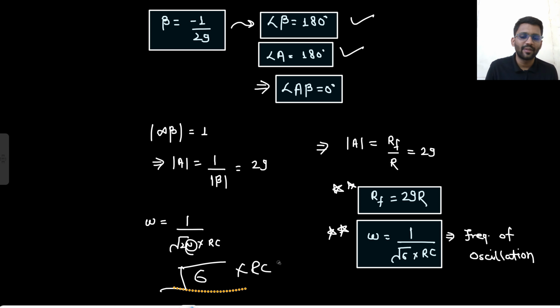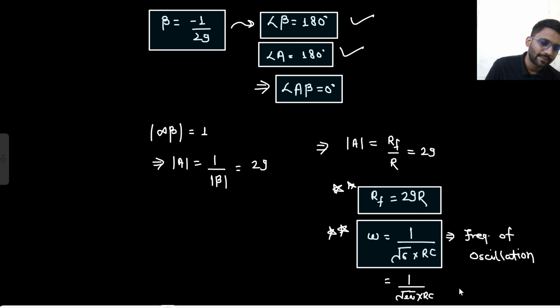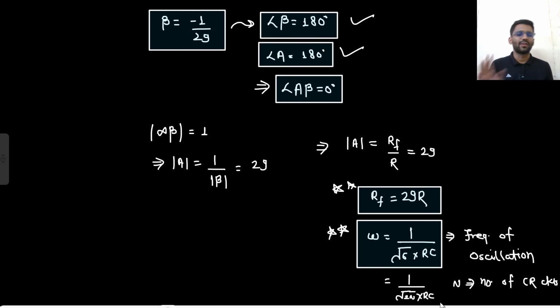So this is how also some people remember it, but in the standard circuit you will see only 3 CR circuits, CR, CR and CR. So either you can directly remember it or you can remember like this as well, 1 by root 2n into RC, where n is the number of CR circuits. Okay, so this also you can remember. But in the standard one, if they are asking you anything, that should be 1 by root 6 RC.